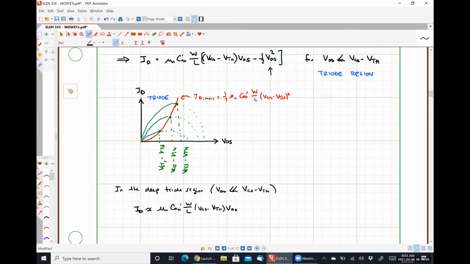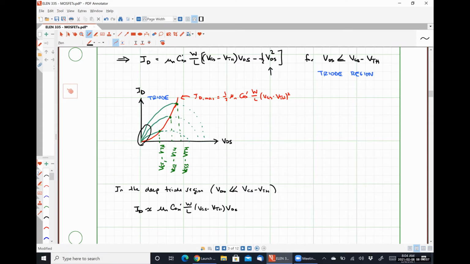We now have a simple linear relationship between ID and VDS, right? So what we're really looking at is this region right here, where all of our drain currents for different values of VGS minus VTH would look effectively linear. They'd look like simple straight lines.